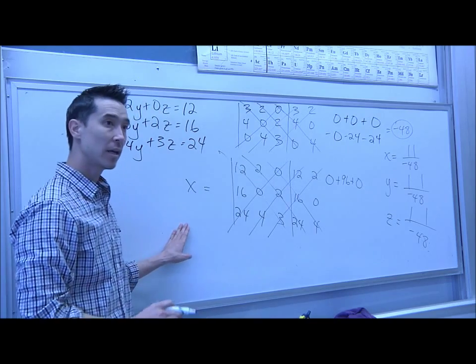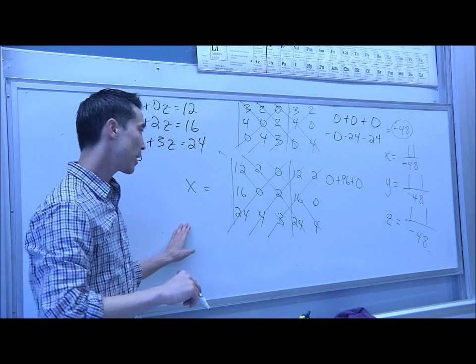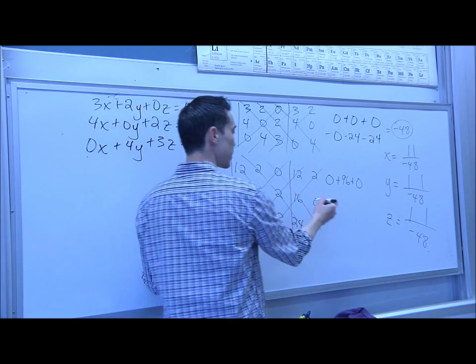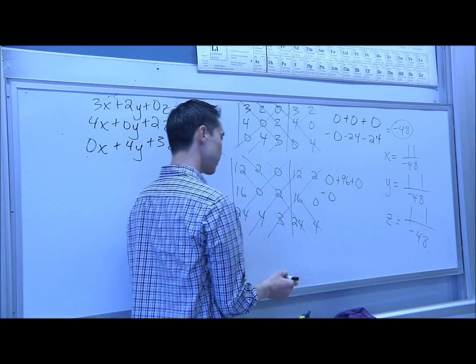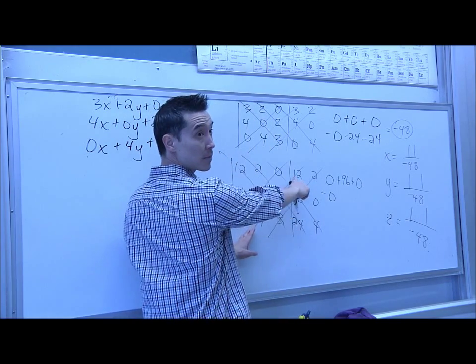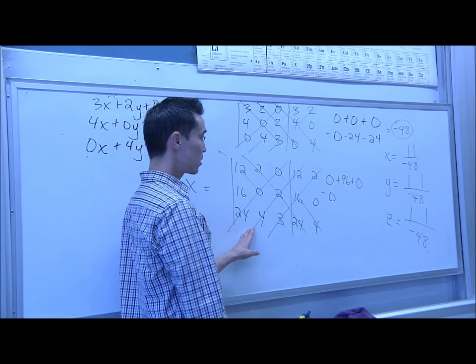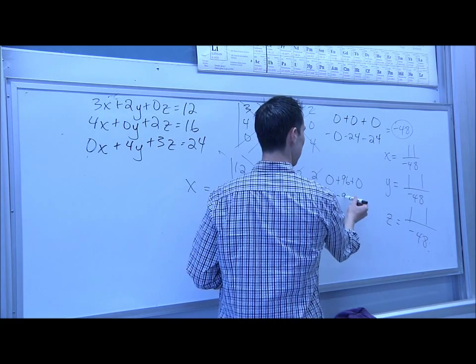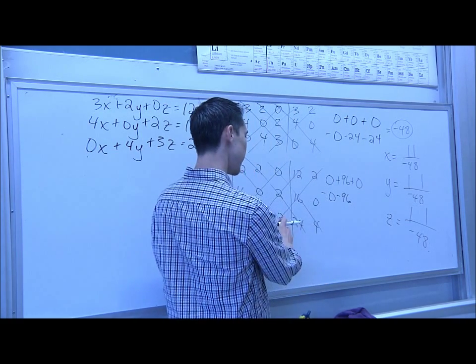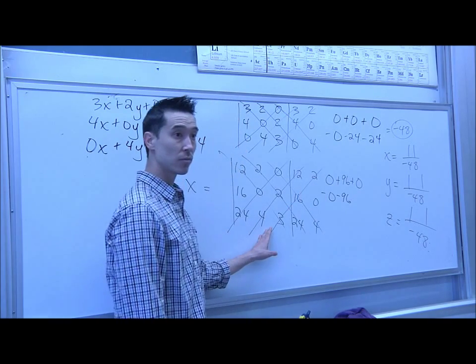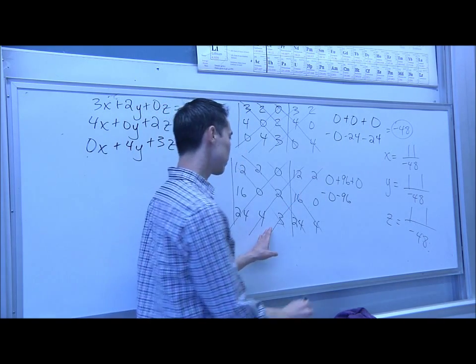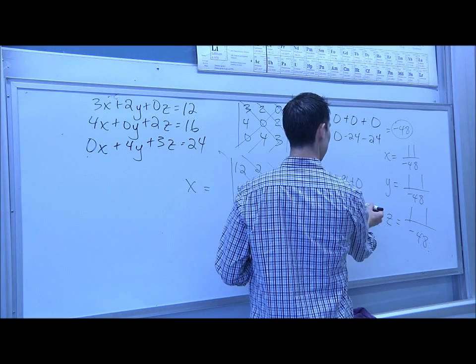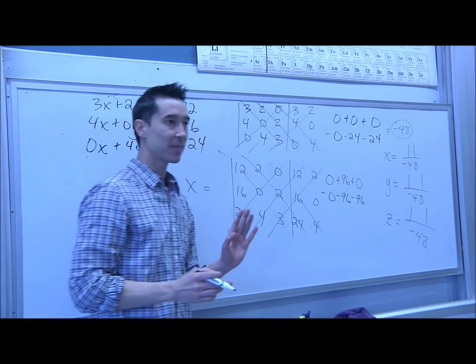Okay. Now going upward, we're going to subtract. 24 times 0 times 0, so minus 0. 4 times 2 times 12, 96, okay, so minus 96. And then 3 times 16 times 2, 96. Is that 96? So minus 96. Okay.